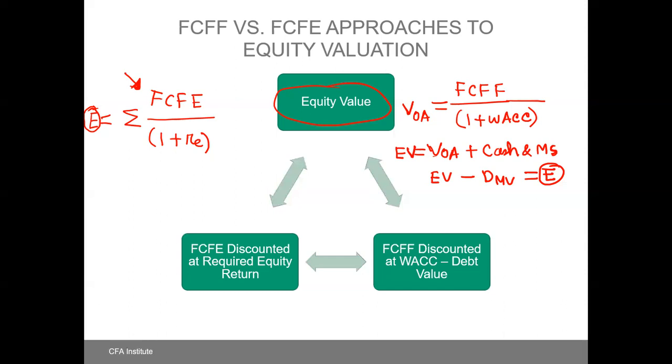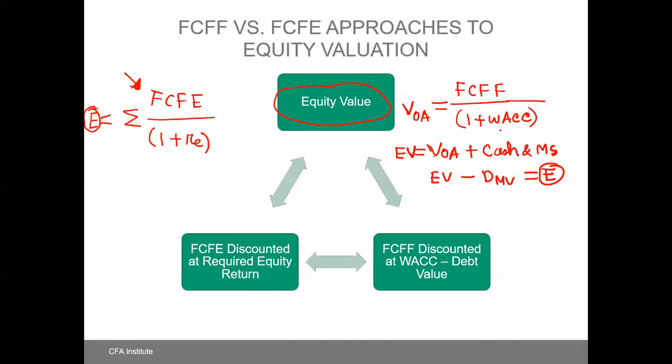So the first point I mentioned: when the firm is highly levered, which is likely to cause the free cash flow to the equity to be a negative value. This is number one. Number two, sometimes we see the firm's capital structure, or the way the firm finances its operation, is likely to be very unstable. Sometimes the firm is increasing its debt, sometimes the firm is decreasing its debt.